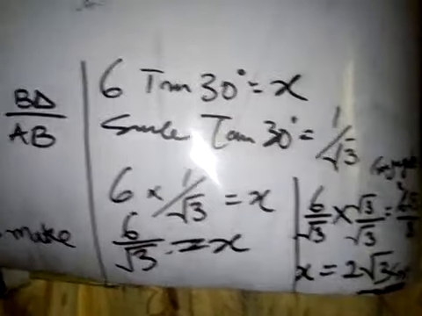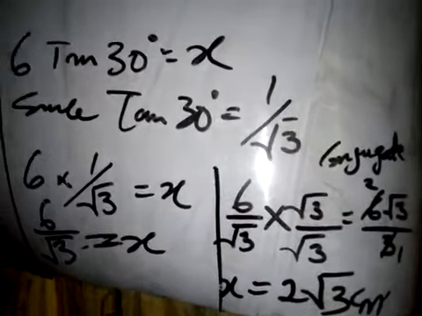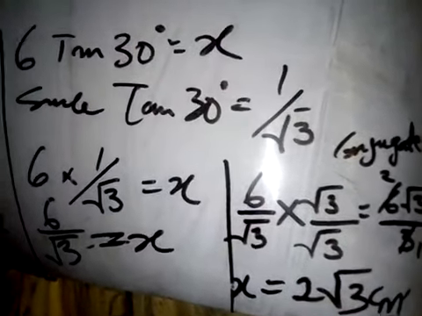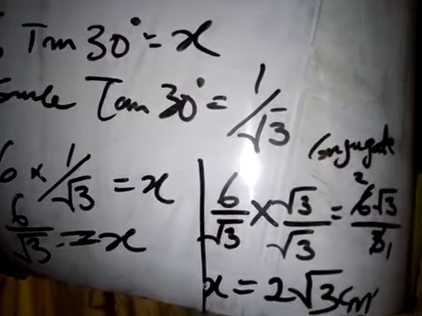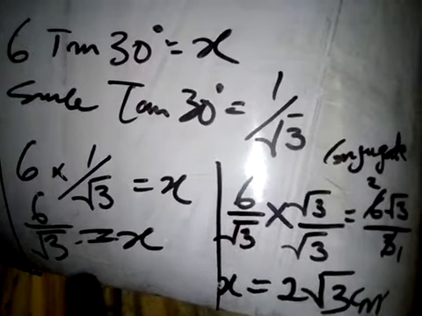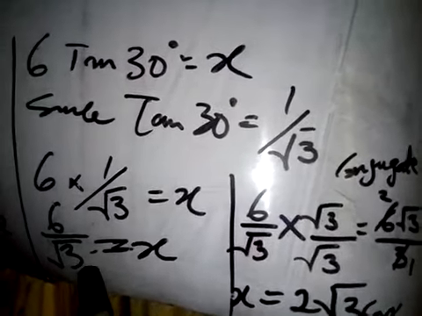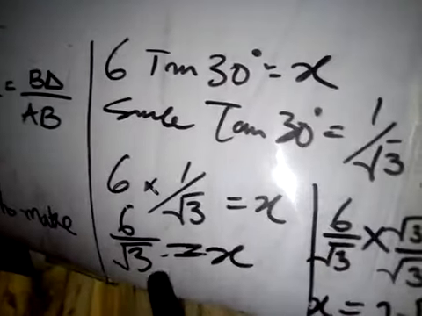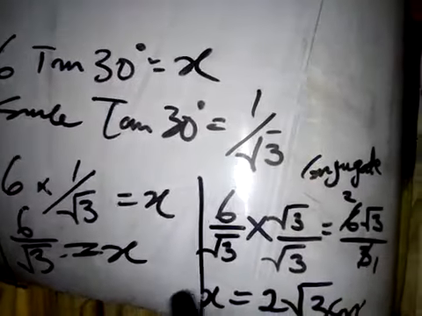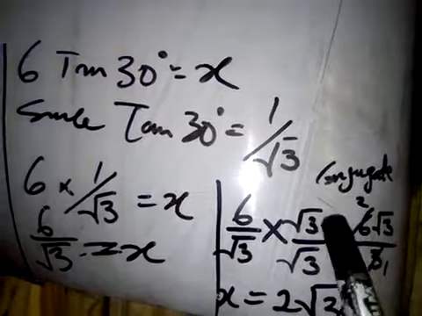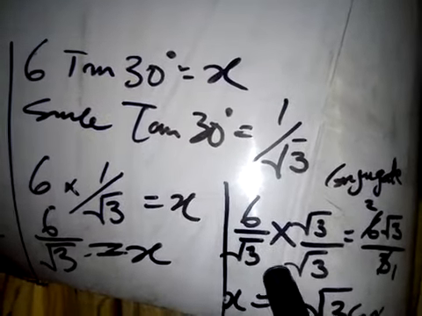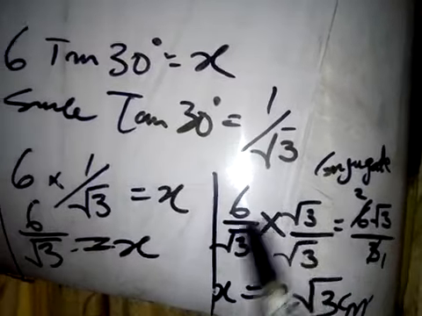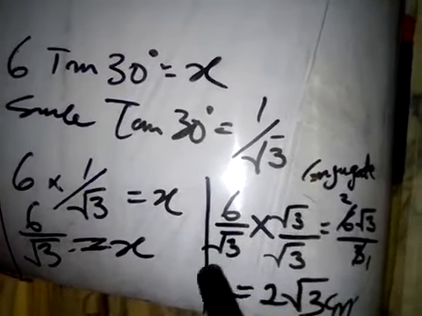Using our previous examples and solutions from previous lessons, if you have a surd like this, what you should do is multiply the denominator and the numerator by the surd in the denominator. So you multiply by root 3.